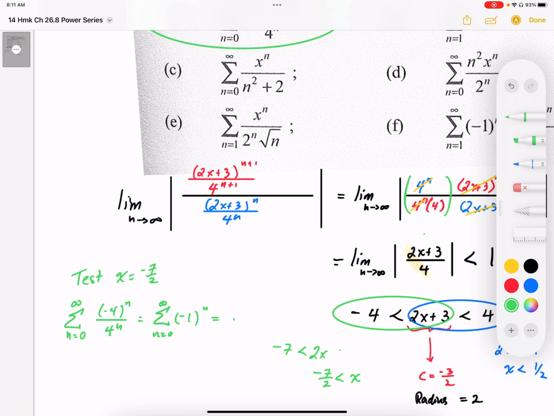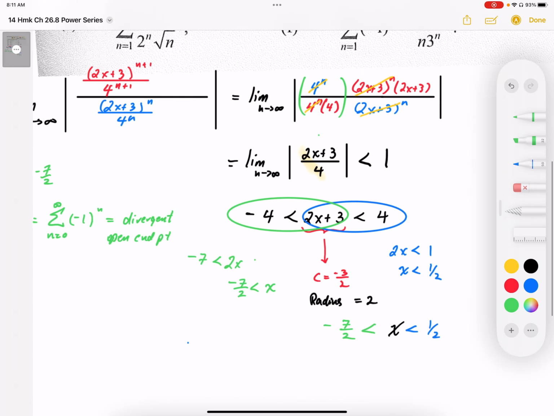Okay, this is divergent. Therefore, this is an open endpoint. So that represents an open endpoint.